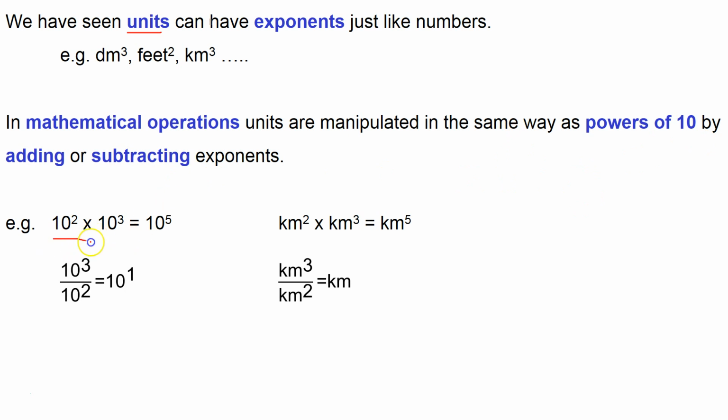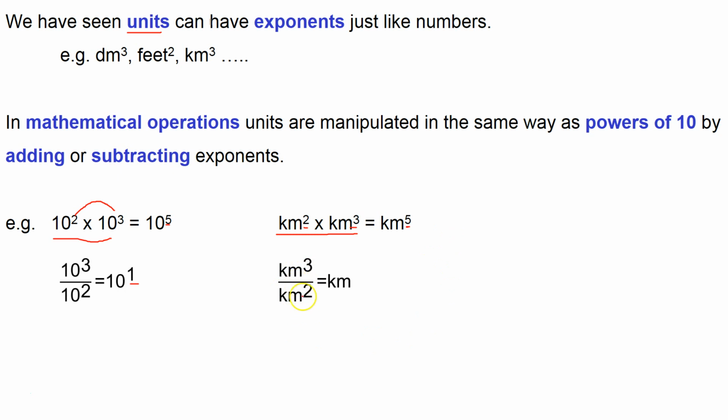So when we multiply 2 powers of 10, we add the exponents. When we divide 2 powers of 10, we subtract the exponents. So 3 minus 2 gives me 1. When we multiply 2 units together that have exponents, just like for powers of 10, we add the exponents.